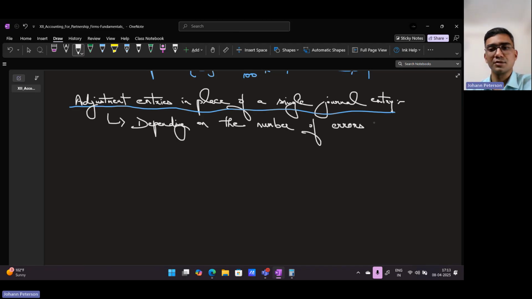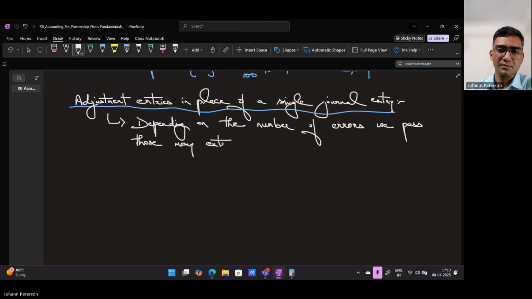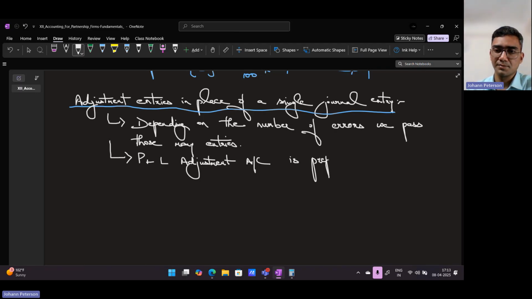Depending on the number of errors, we pass those many entries. And for that, we prepare something which is called a P&L adjustment account.